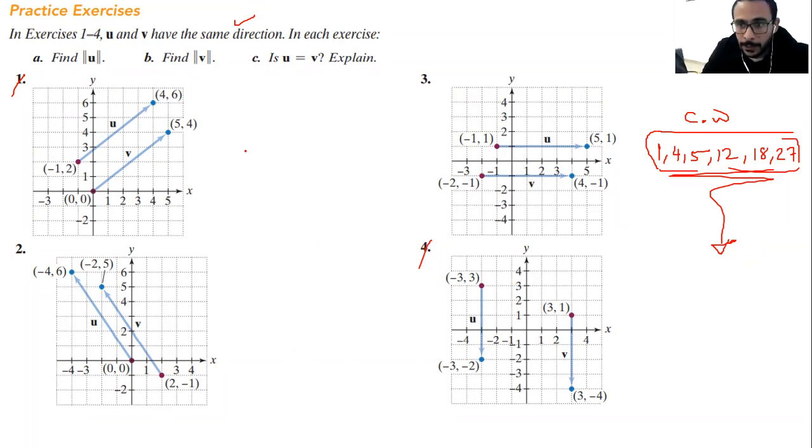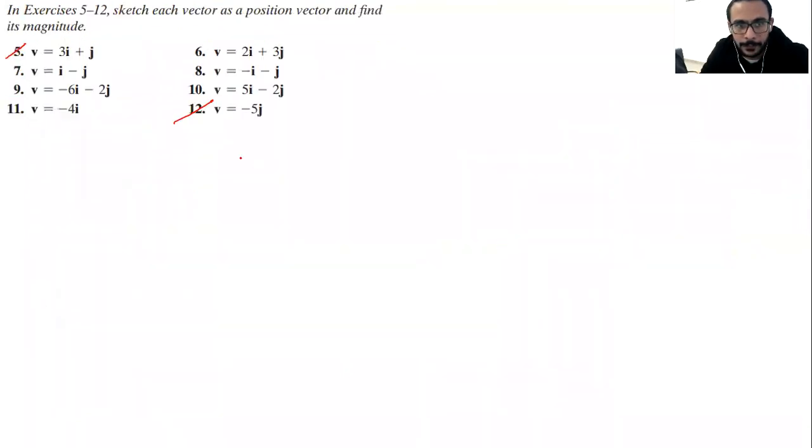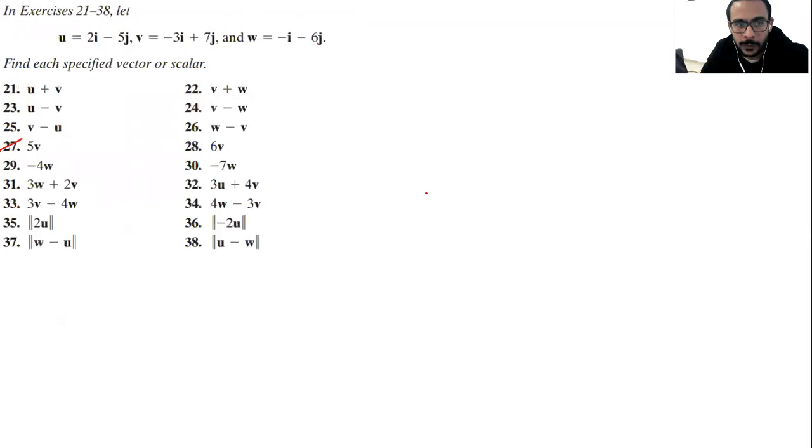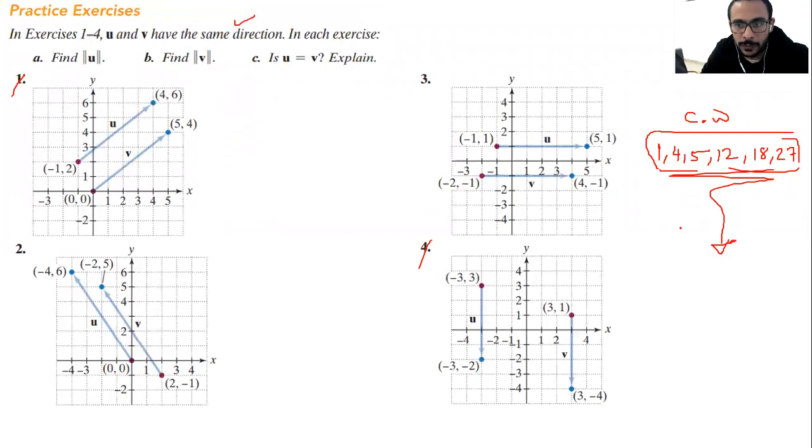Class work number 14 is going well. Number 14, 5, 12, 18 and 27. We have a class work right now. This class work is out of 3. Okay, thanks. Samuel, you sent the class work, right? 1 and 2, 3. Yes, okay.